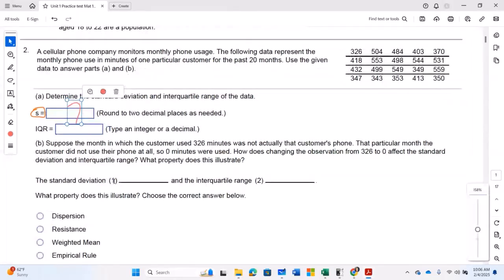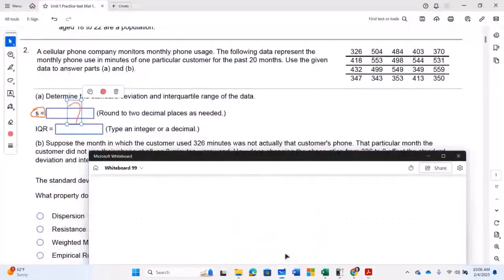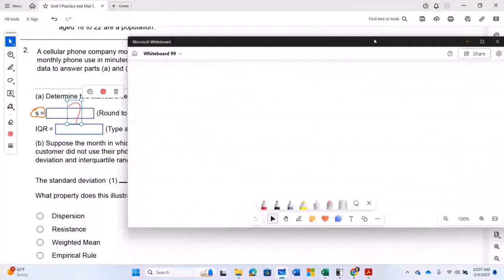And I'm going to get my whiteboard because this is not cooperating. So the standard deviation of the data is 78.42.